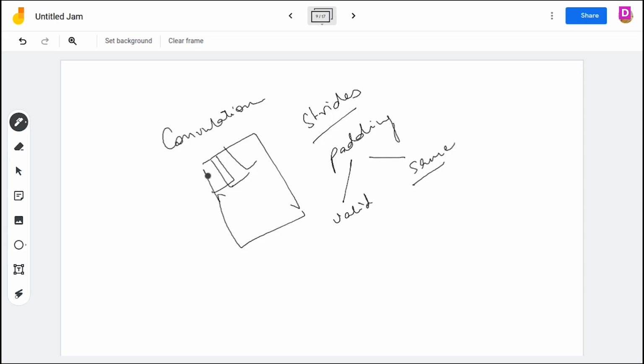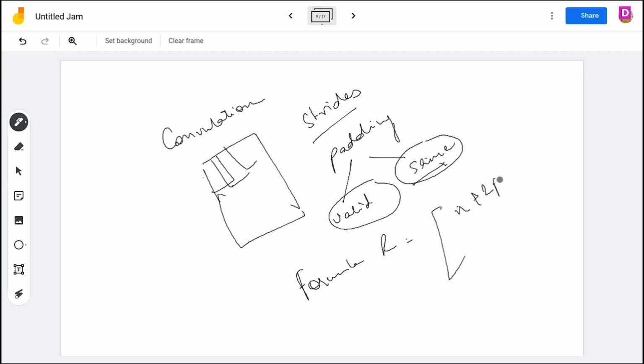Same padding means the input size should be equal to the output size, so accordingly the model will pad. And valid padding means no padding. And then we also had this formula. So what was the formula? The result is equal to (n plus 2p minus f) by s plus 1, right? This is how we decided what will be the dimension of the result.